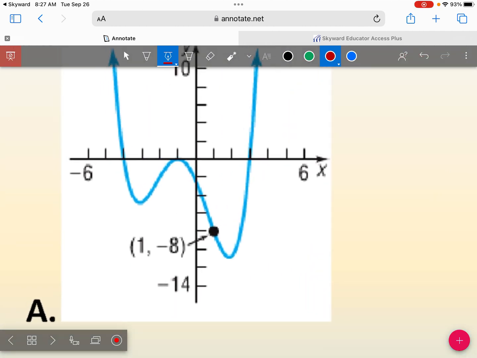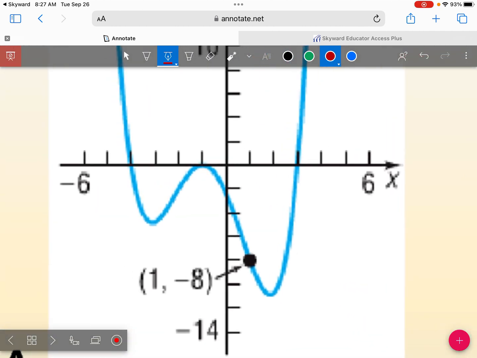So what I'm going to do is zoom in to my x-axis. I have 3 x-intercepts. Would you agree there's 3? My first x-intercept is at x equals -4, and it's going through.